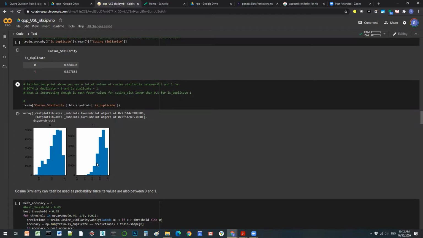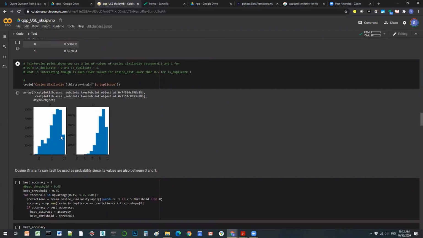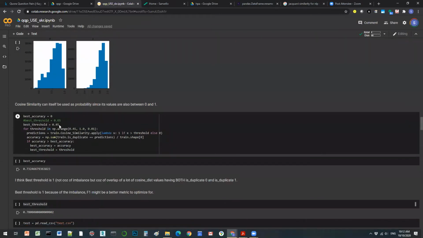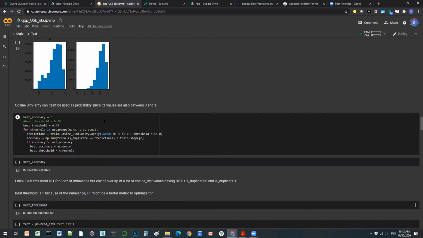And at least to me, the reason why he was getting, earlier in his notebook when he had submitted the training data without dropping the two nans, if I recall, the best threshold was about 1 or 0.99 or something. And here the best threshold is 0.78.